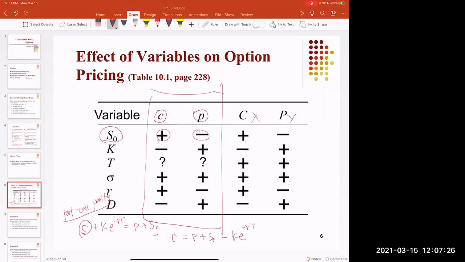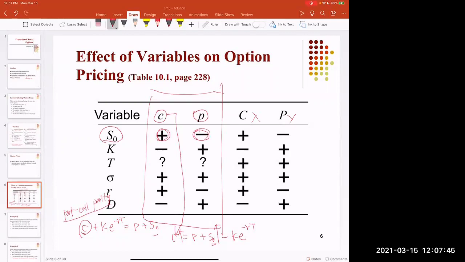C is the call price. If we hold all other variables constant, when stock price increases, C increases, so that's why it's a positive relationship. What about P?